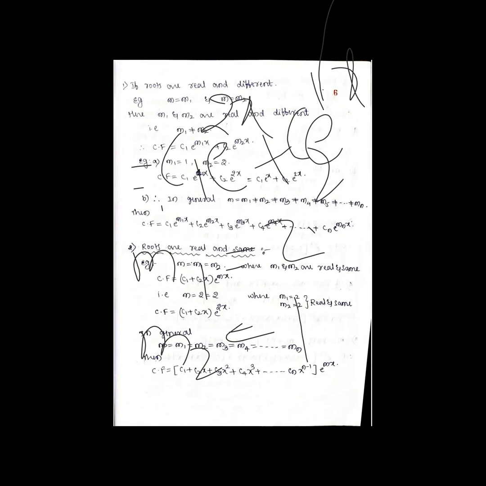Get the roots and check whether they are real and different. If so, this is the general form, which I have given below. Whenever there are n roots m1, m2, m3, m4, m5 up to mn, you write C1 e raised to m1x plus C2 e raised to m2x plus C3 e raised to m3x plus C4 e raised to m4x, and so on up to Cn e raised to mnx.